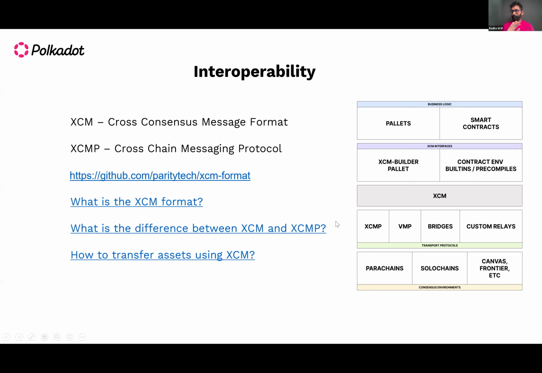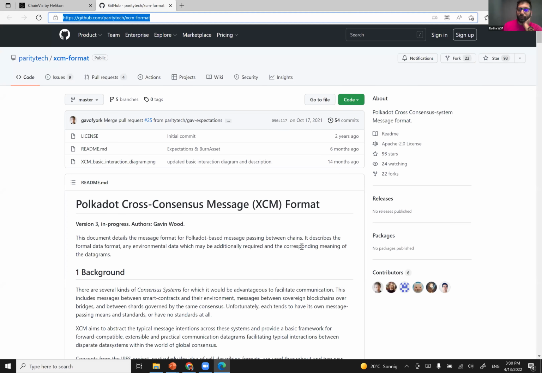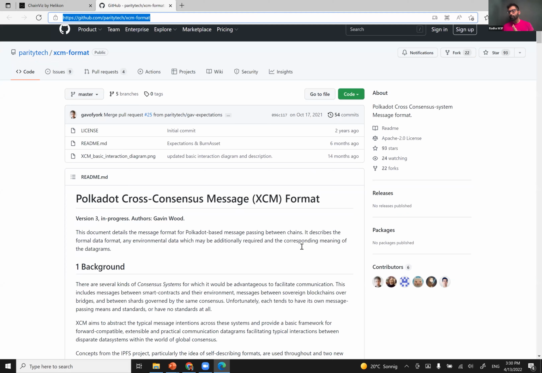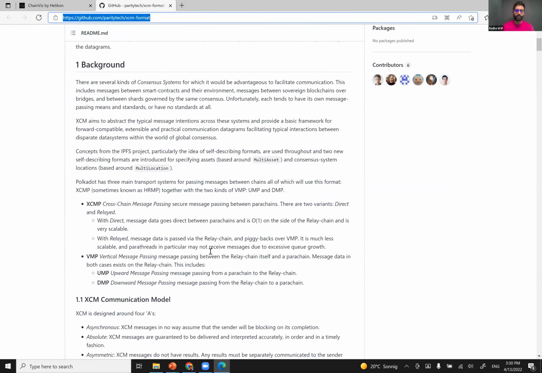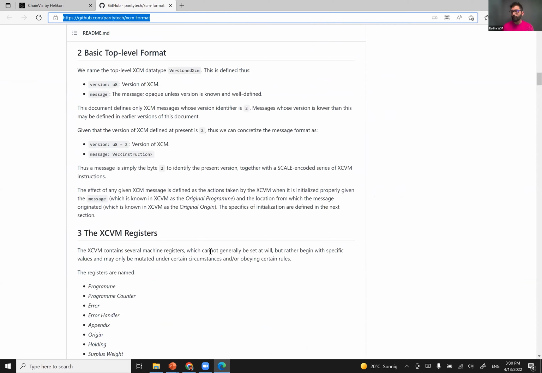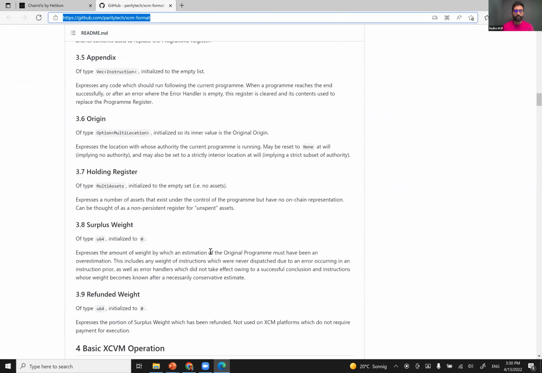The best place to get your answers is the GitHub repo. So let me click on that. Okay, you can't beat this source of knowledge, because this is where almost everybody goes to get a sense of what this format means as a developer, and then get started from there.